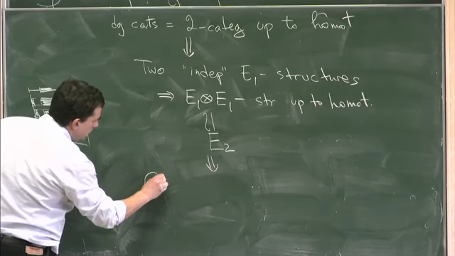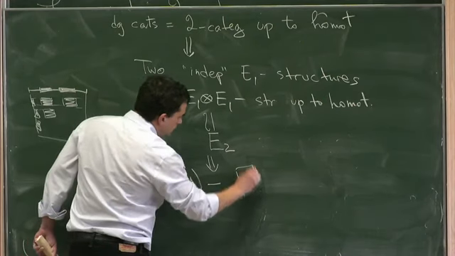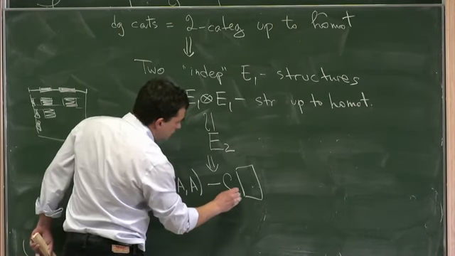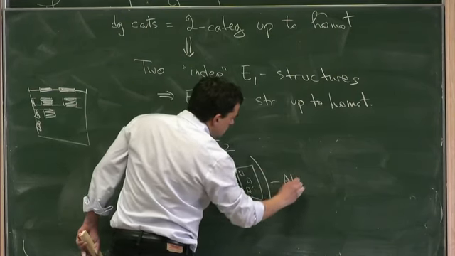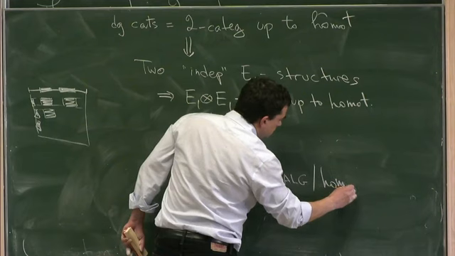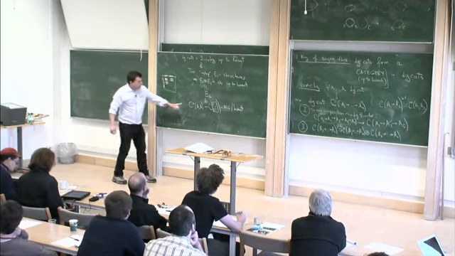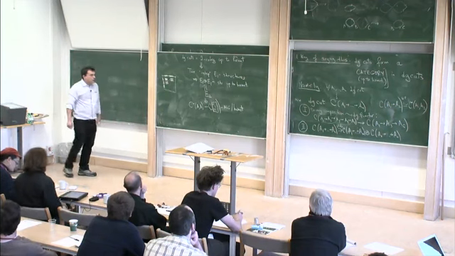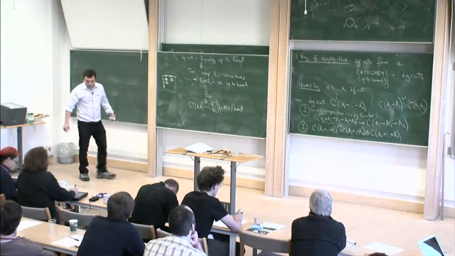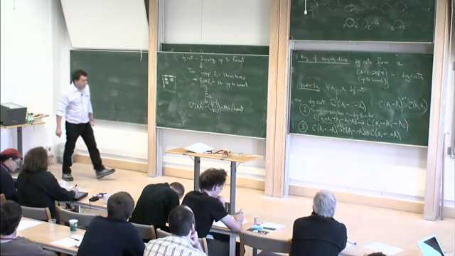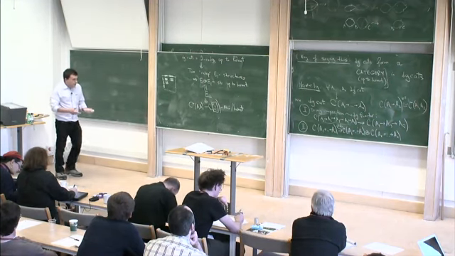So you arrive at the fact that the Hochschild cochains form an algebra over little disks, chain complexes of little disks, or little rectangles in this case, which used to be the Deligne conjecture.